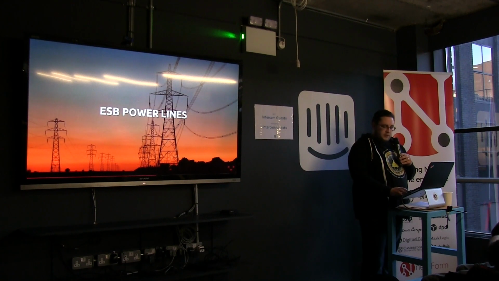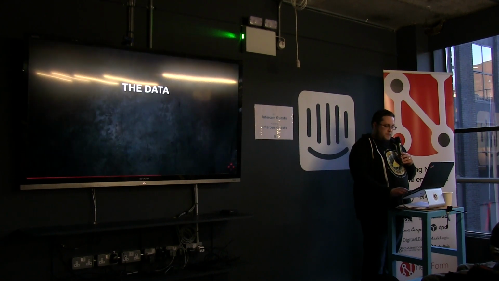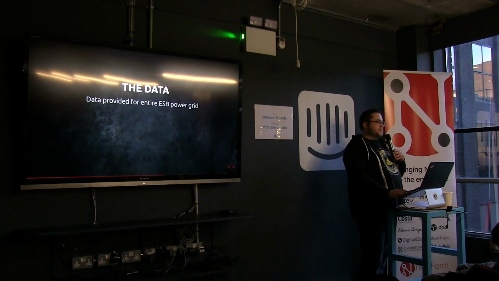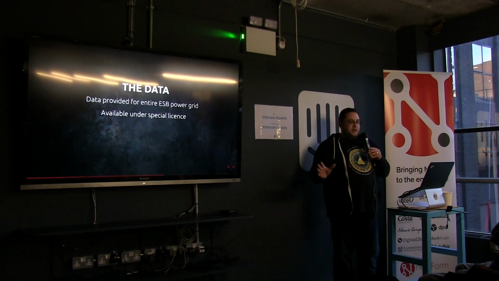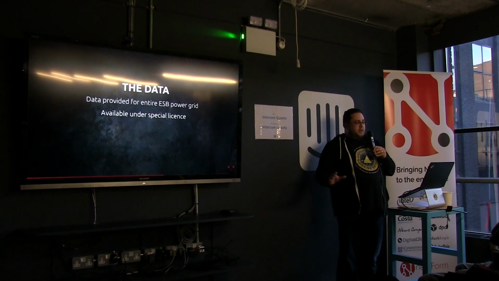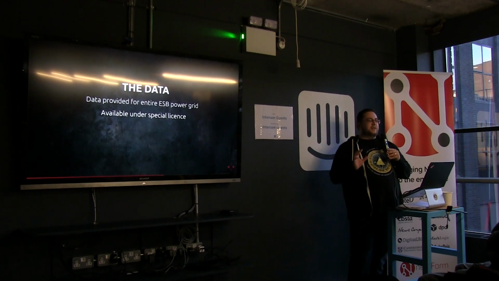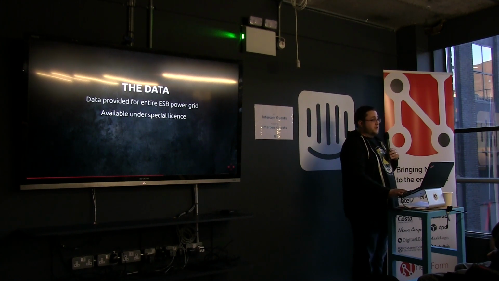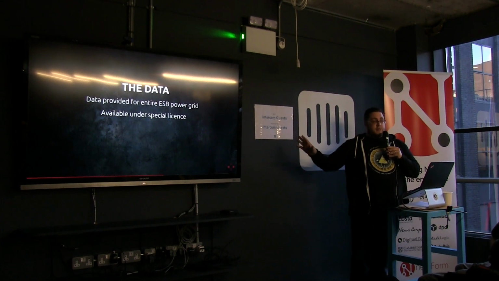So speaking of the power lines themselves, we get every 6 weeks the data for the entire ESB power grid. Now when I say all the data, I mean all the data. Everything from the ducts, the labels that they put on it, it's CAD level data. So we get it under a special license, a special agreement just for using it for this.